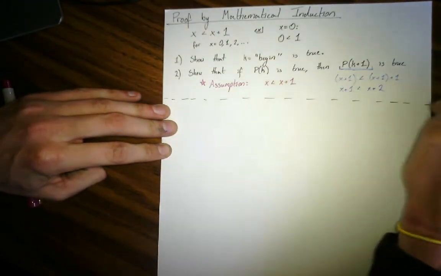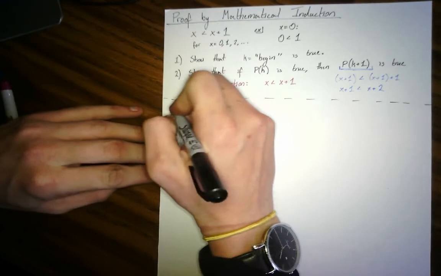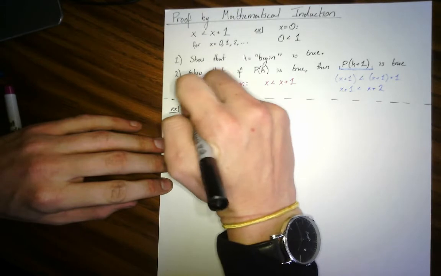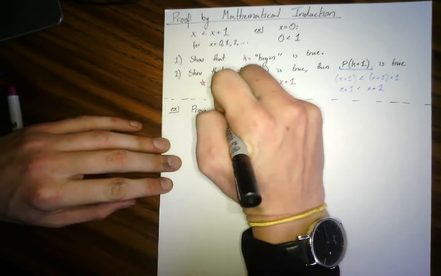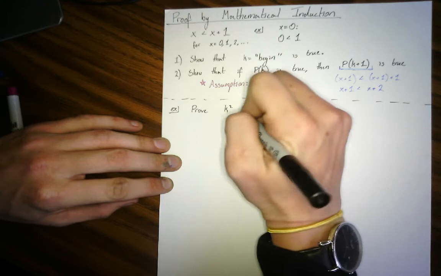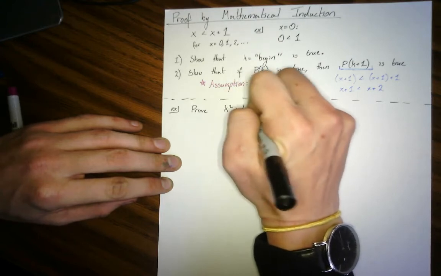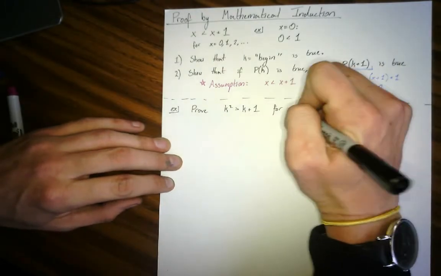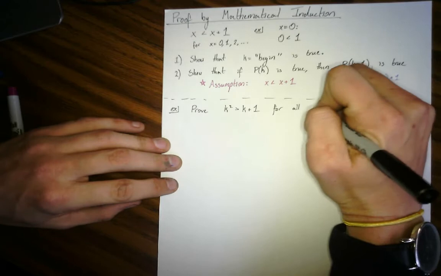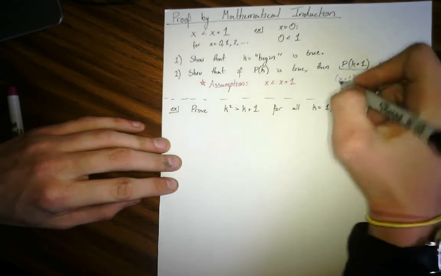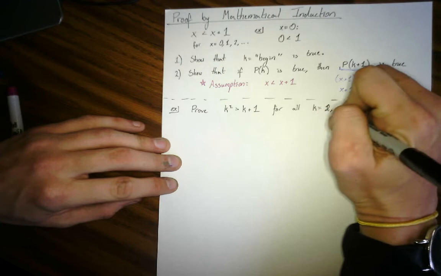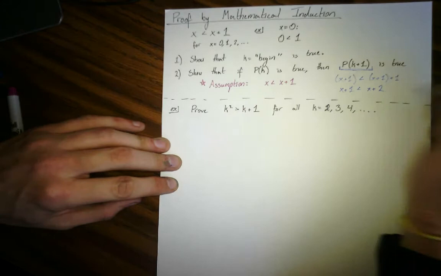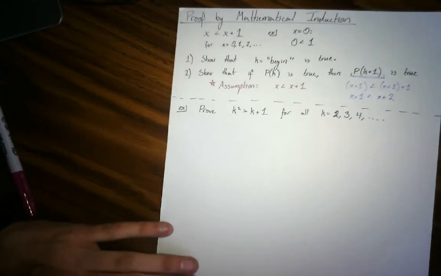So let's start off with our first example. We're going to try to prove that k squared is greater than k plus 1, and we're going to do this for all values from 2 on, so any value 2 and any value greater than that.